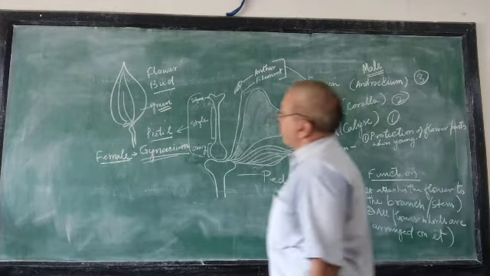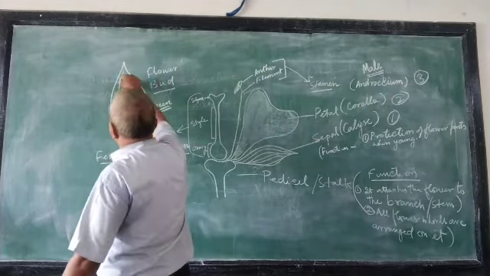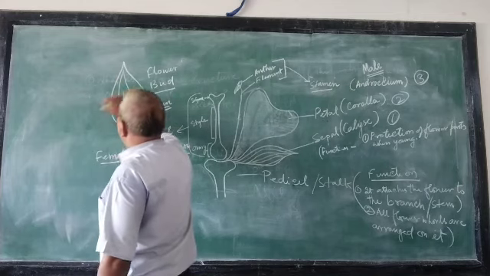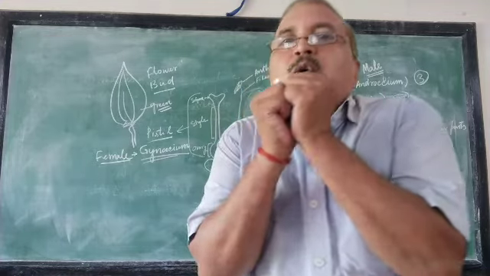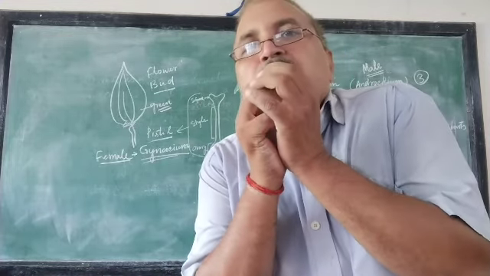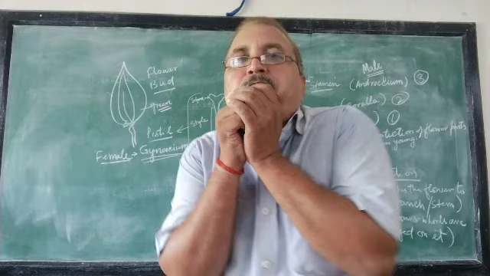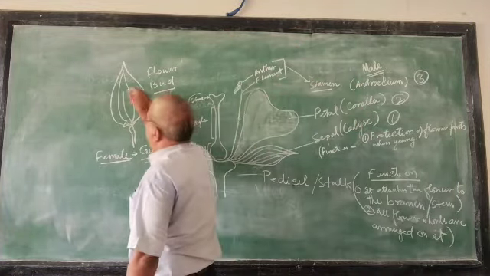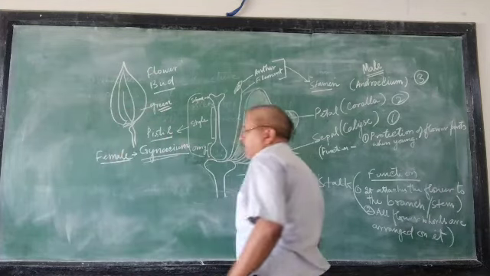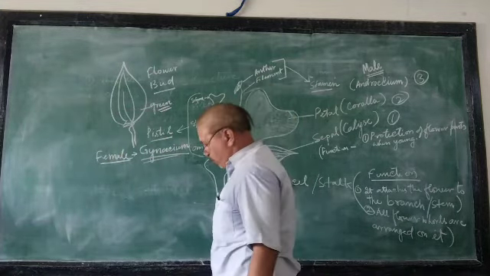So what happens if you sometimes remove this green colored covering of the flower bud? Inside you see all these petals in a crumpled way, packed inside this, right? You may have removed this green covering sometimes.